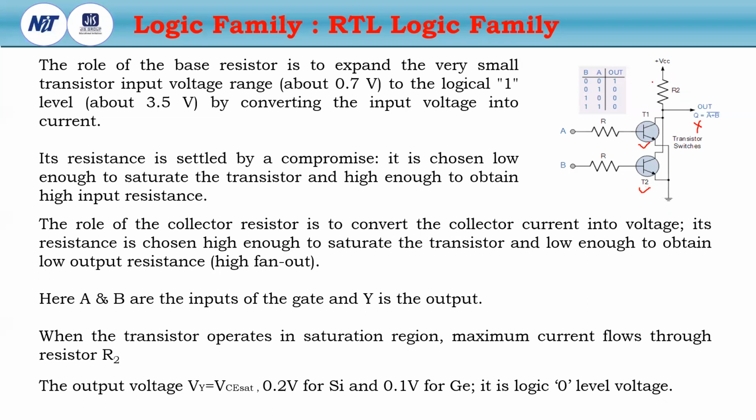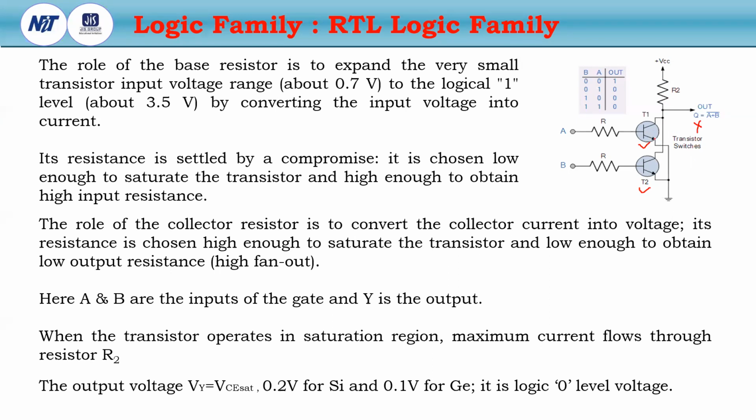So the high current will flow through the resistor R2. Then the output Vy, that is VCE, is 0.2 volt for silicon and 0.1 volt for germanium. For this reason, the output voltage will be low, so we will get logic 0 at the output.